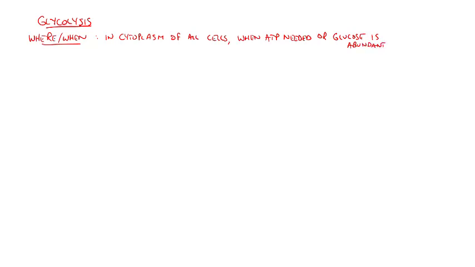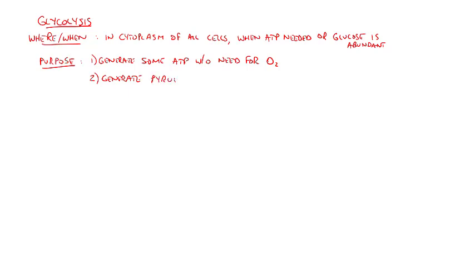The purpose or the overall goal, or the why of this pathway. We said there are two of them. The first is to generate a small amount, some ATP, without any oxygen being involved. The second is to generate pyruvate for further oxidation.